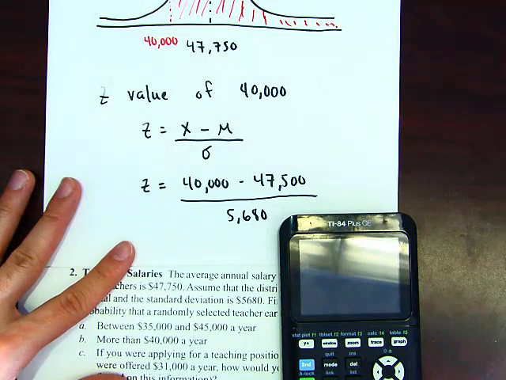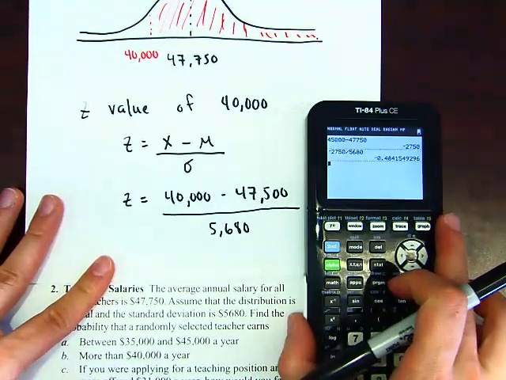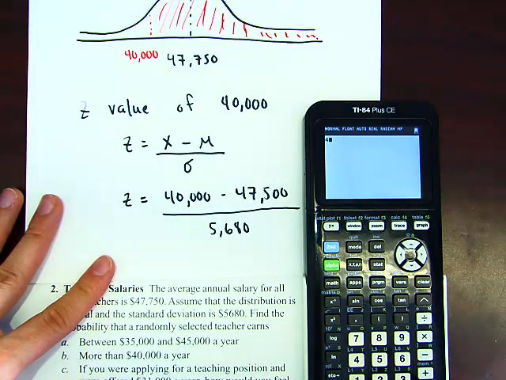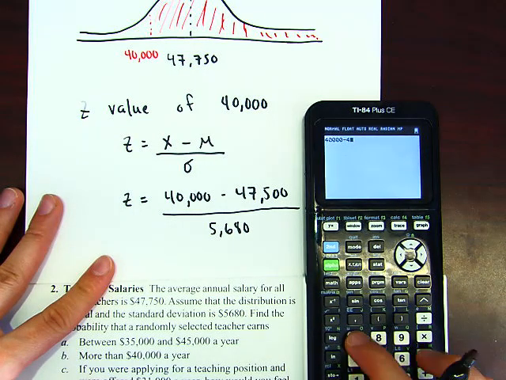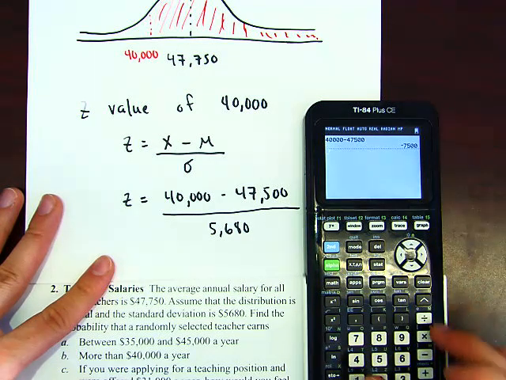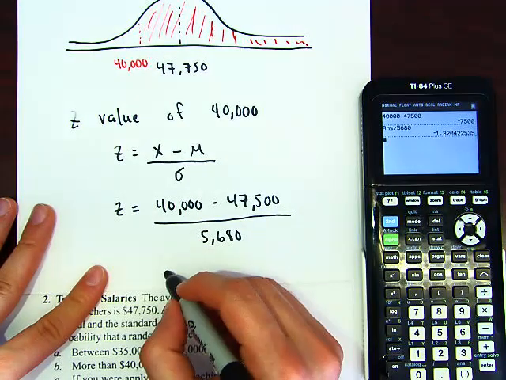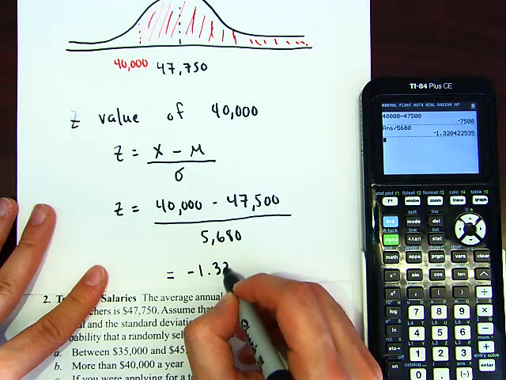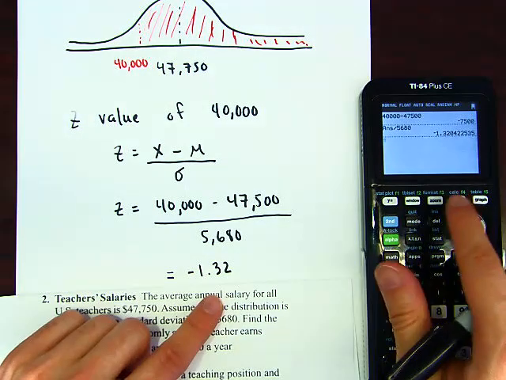All right, so let's just put this into the calculator. So 40,000 minus 47,500, right? So that's negative 7,500 divided by 5,680, and that's negative 1.32. And that's the z-value, right?